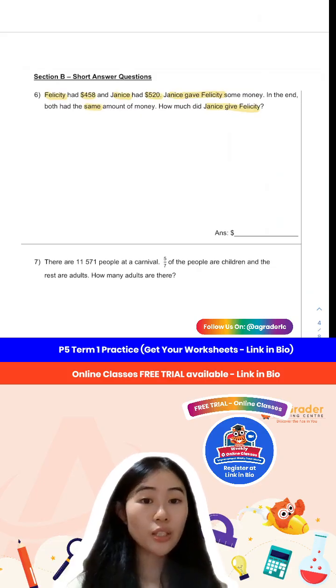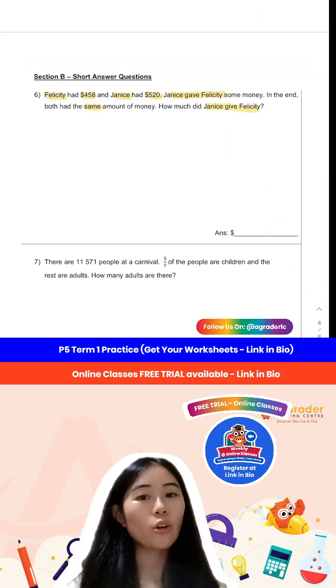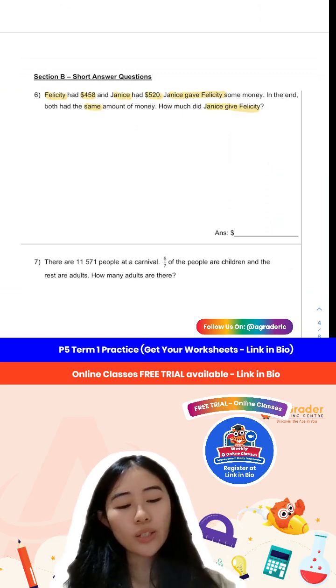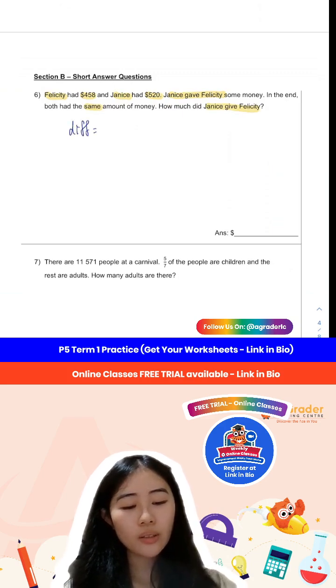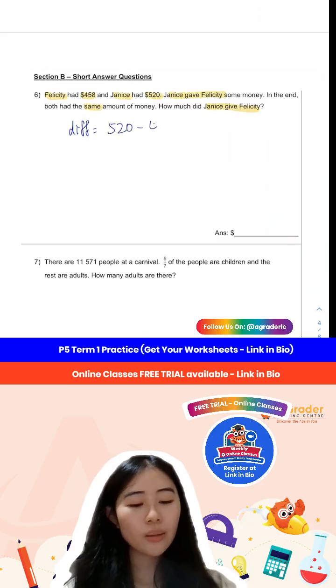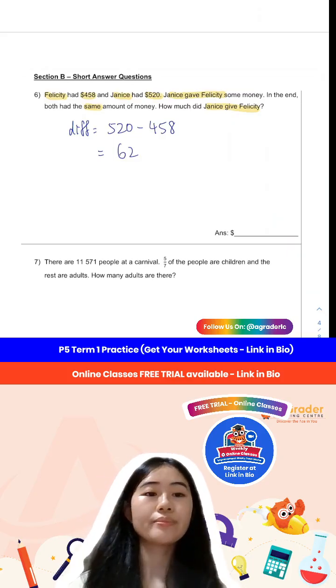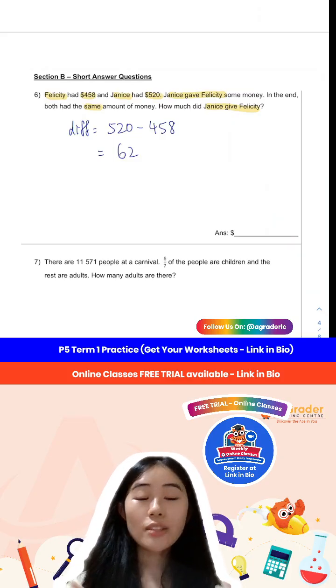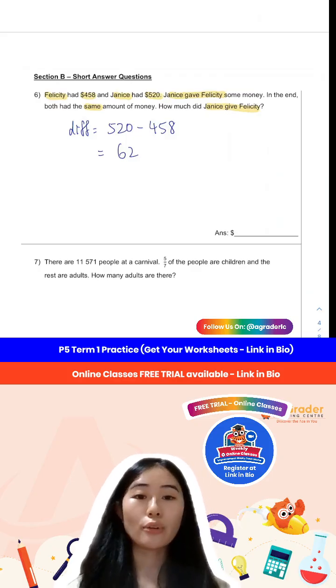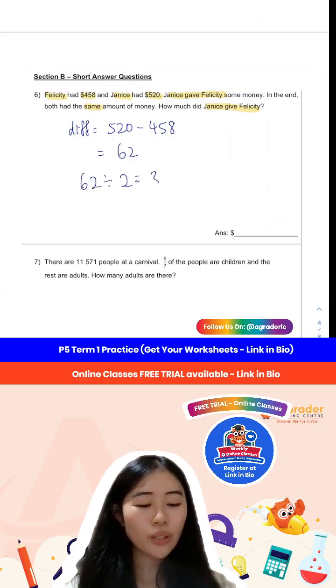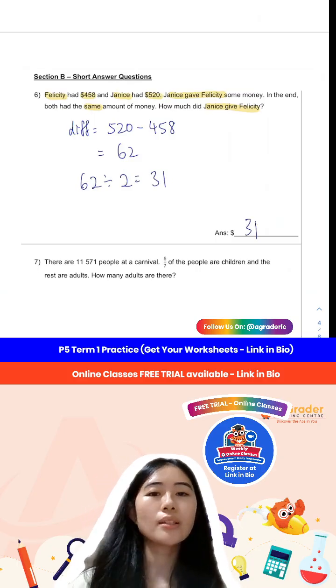Then all you need to do is divide by 2. So let's do that. What's their difference? It'll be 520 minus 458. So you'll get 62. And then 62, you're gonna split it into half because each person will get half of the difference. Okay, so 62 divided by 2 will give you 31, and then that's the answer, 31.